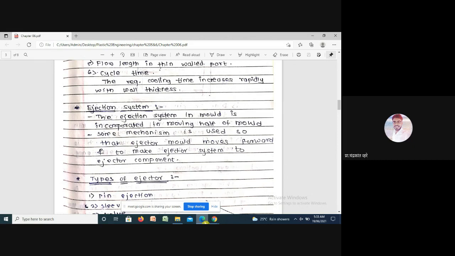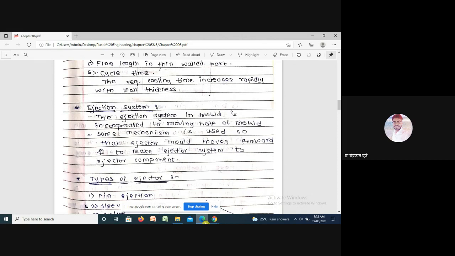Okay, so in this lecture, we'll cover the ejection system. The ejection system is one of the important mechanisms in molding. What happens generally in molding?